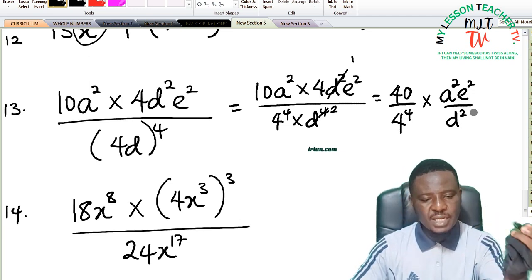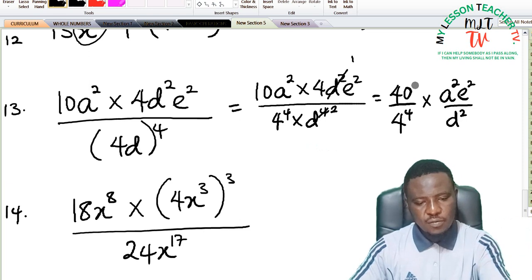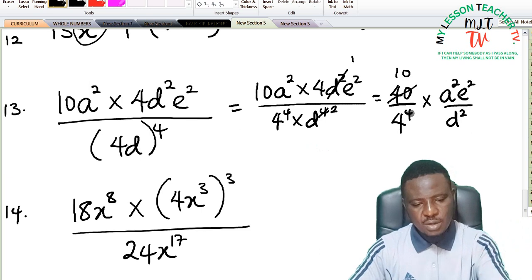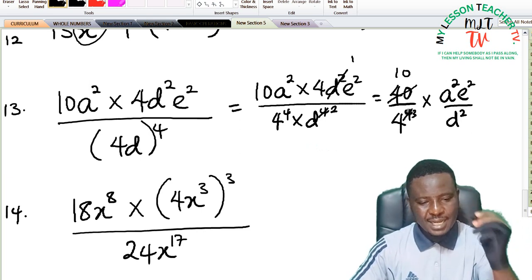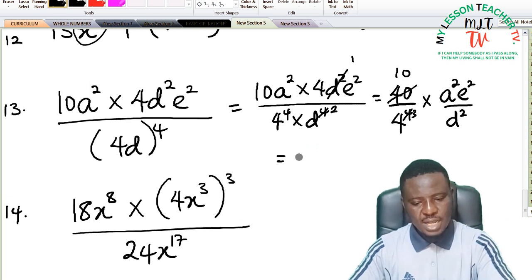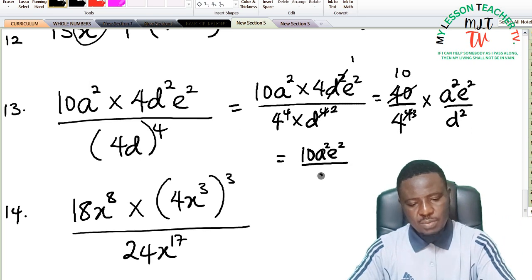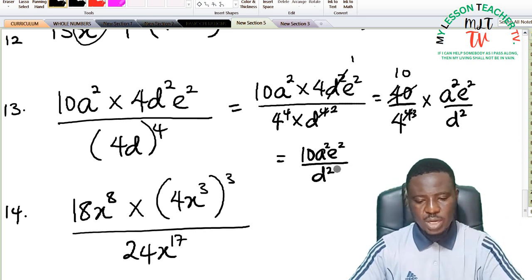So you can still simplify this further. 4 into 40 is 10 times. 4 into this gives you 4 raised to the power of 3. And I will just suggest you leave it at this point. That is 10a squared e squared, all divided by d squared.